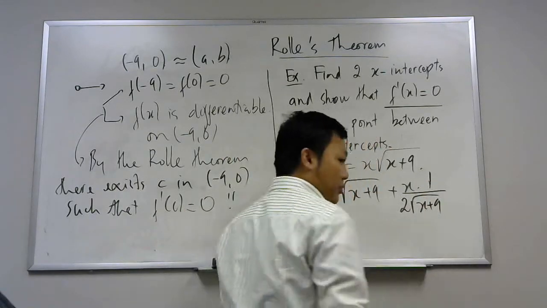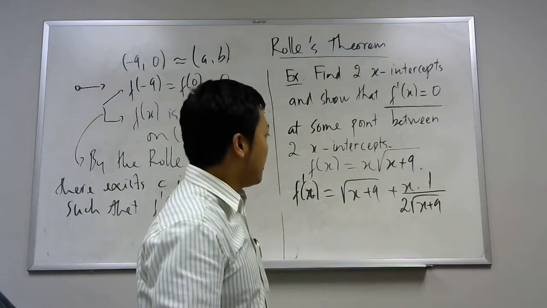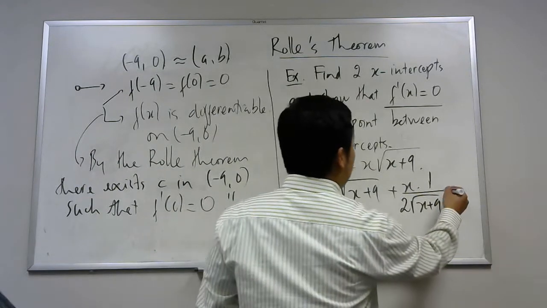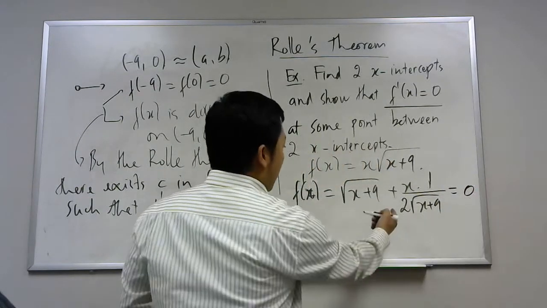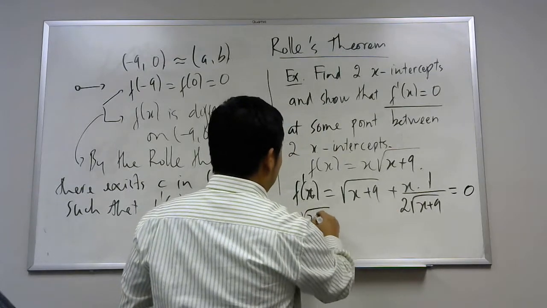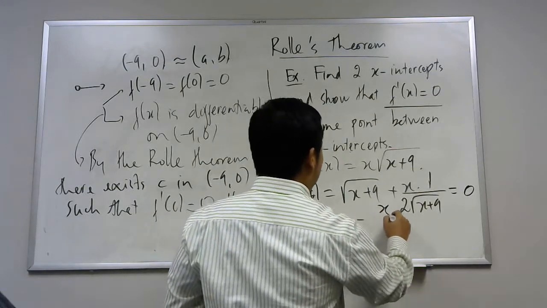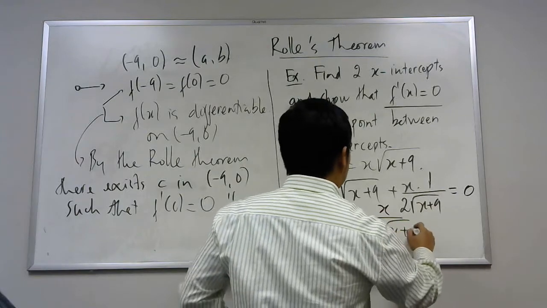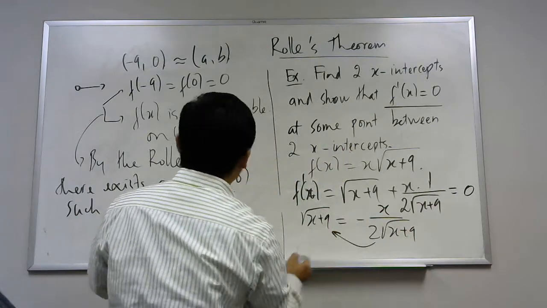I mean, that is the usual way when we look for critical points. So I set this equal to 0. From here I get the square root of x plus 9 equal to -x over 2 times the square root of x plus 9. And now I use cross multiplication.